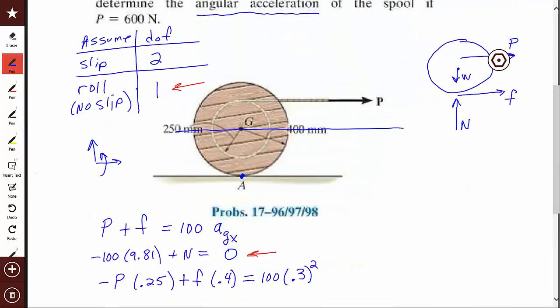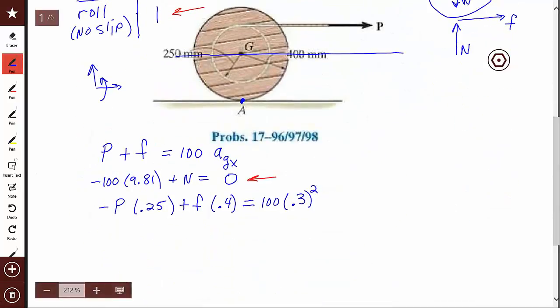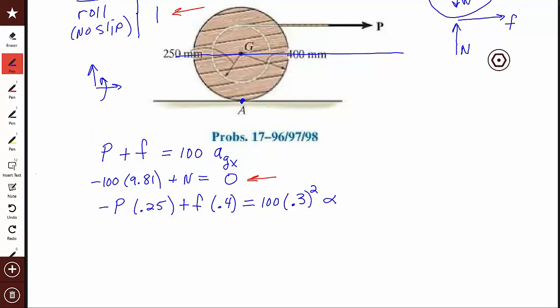Those are meters, right? Yeah, meters. So that's the I times the alpha. I don't know which way alpha goes. I'm going to solve for the number, so I'm assuming it's going to go counterclockwise. You probably realize that if it's going to accelerate to the right, it's going to rotate clockwise as well. Don't worry about it. You'll get the plus and the minus, and it'll tell you what's happening.